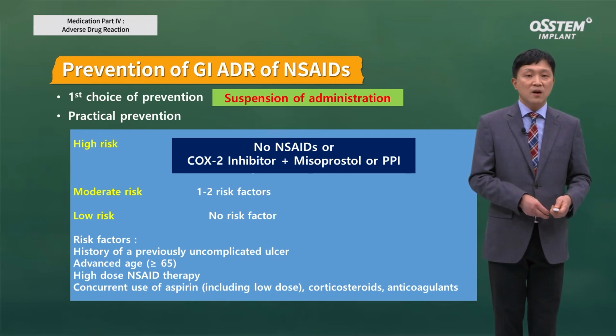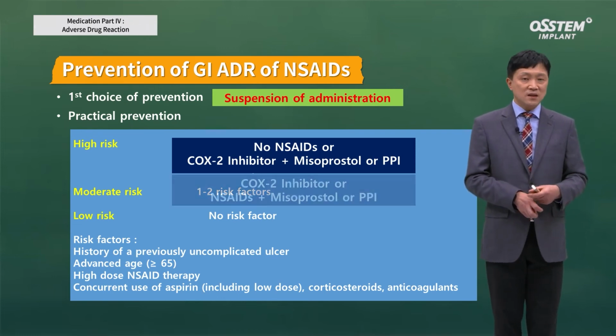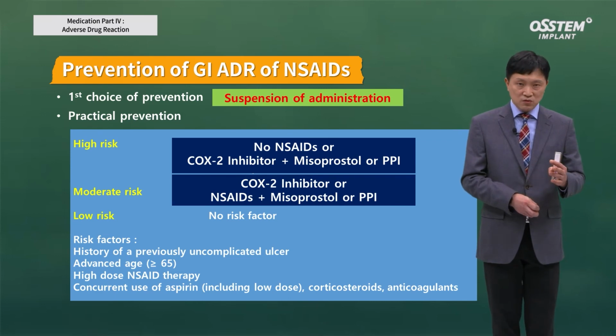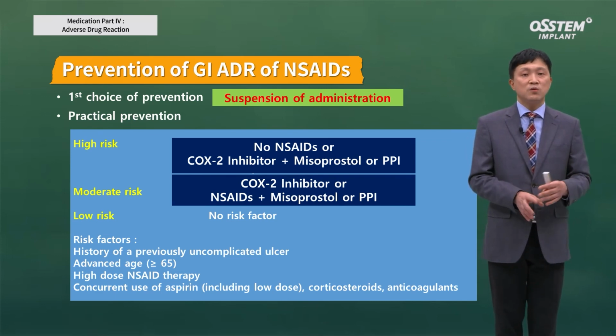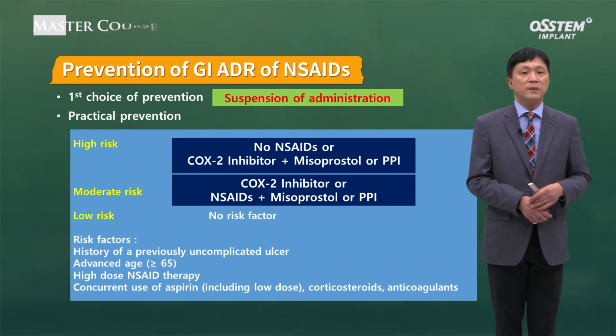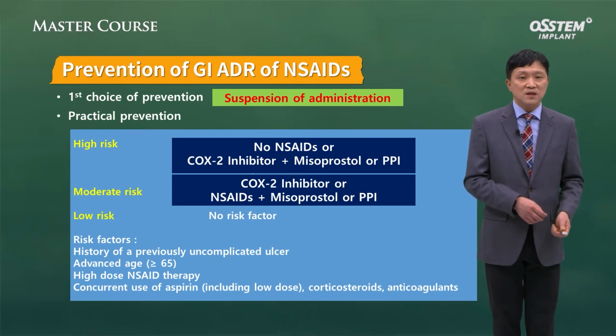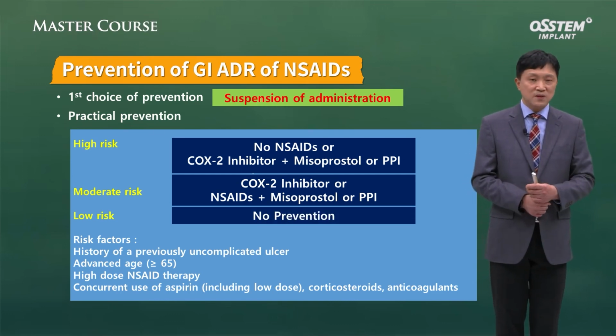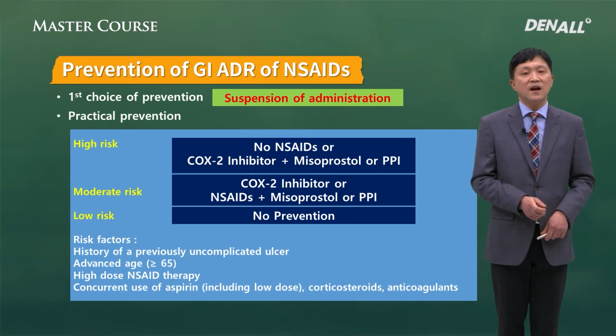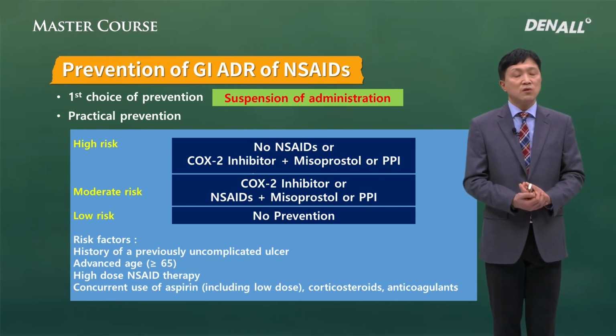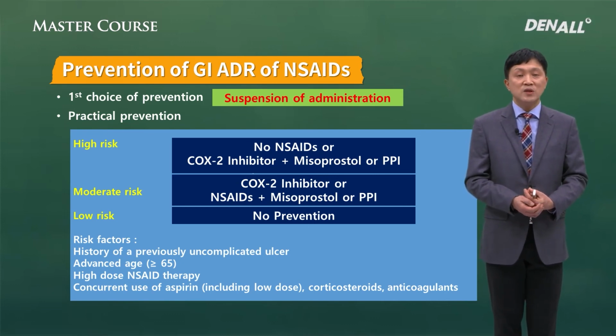For moderate risk, a COX-2 inhibitor should be given, or NSAIDs plus misoprostol or PPI. For low risk, no prevention is required in prescribing NSAIDs. So when problems occur, we need to think about whether to suspend the drug or change the drug.